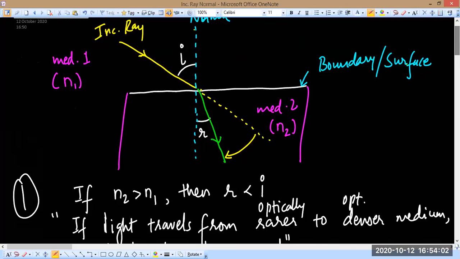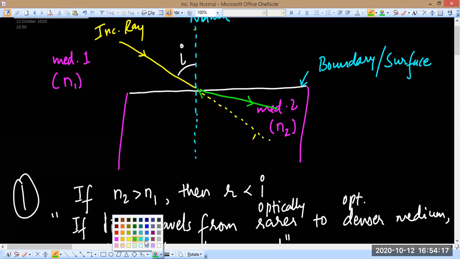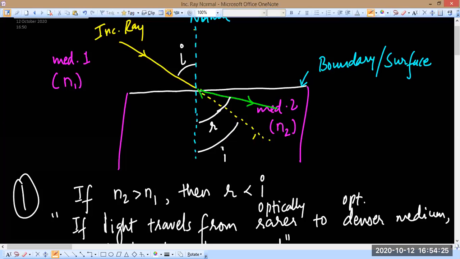Let's change the diagram. So if it was opposite of this, then actually it would happen like this. Okay, so in that case this would be R all the way. So you can clearly see that this is I and R is greater, right?